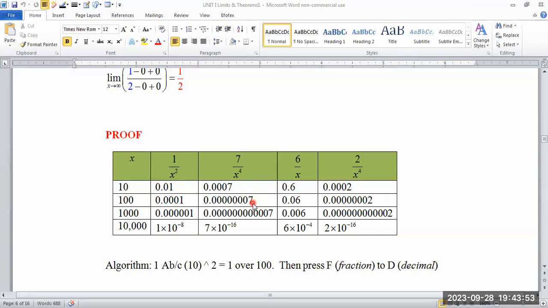0.01 going to 0 the fastest. When it's 0.01, you mean this one here? Oh, hold on, sir. Which function is going to zero the fastest?